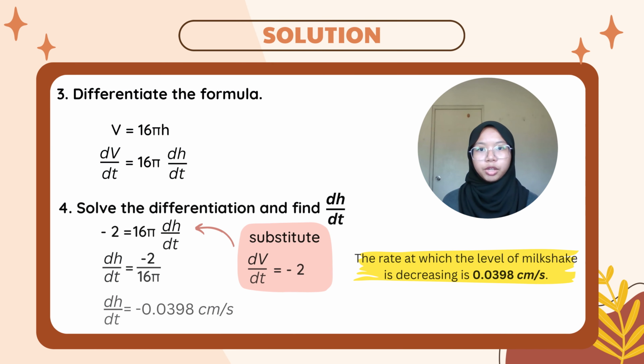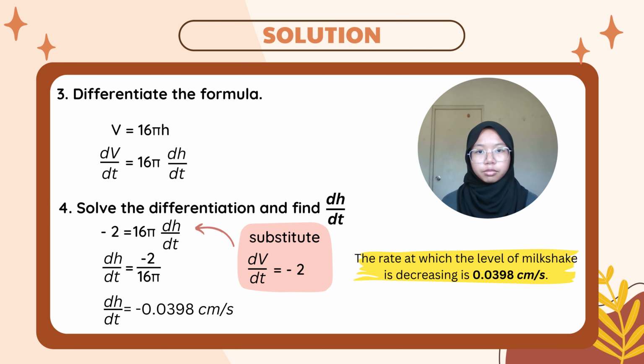The third step, we need to differentiate the formula. From the second step, we get V equals 16 pi h. After we differentiate this formula, we will get dV over dt equals 16 pi dh over dt. Lastly, solve the differentiation and find dh over dt.